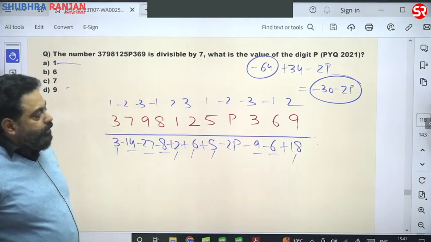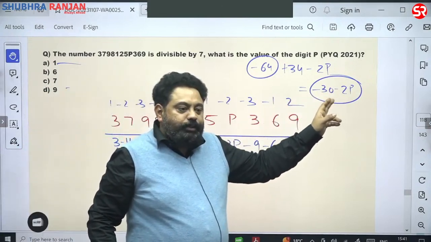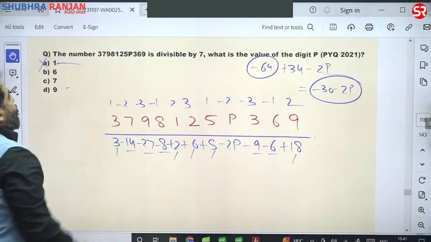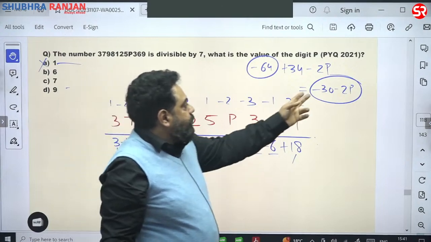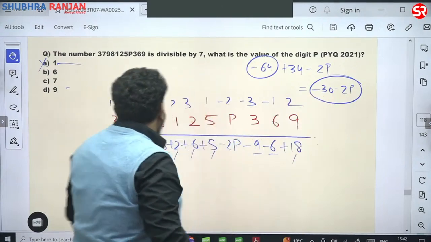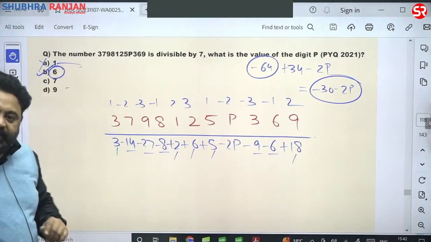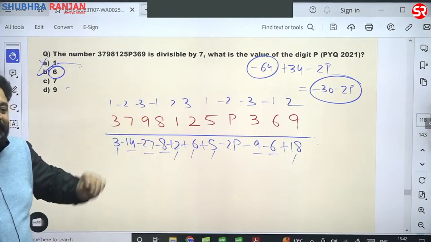If you put p is equal to 1, minus 30 minus 2 is minus 32, not a multiple of 7, this is not your answer. If you put p is equal to 6, minus 30 minus 12 is minus 42, a multiple of 7, your answer is 6. Khatam. Tell me any shorter way of doing this question.